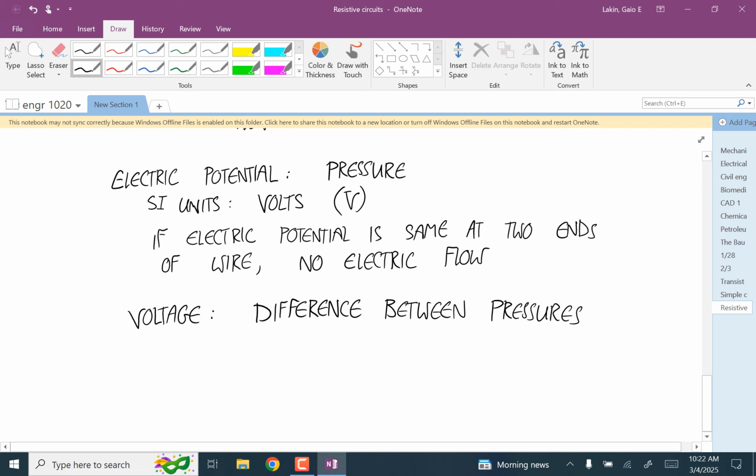So the definition of voltage is the higher electric potential minus the lower electric potential.